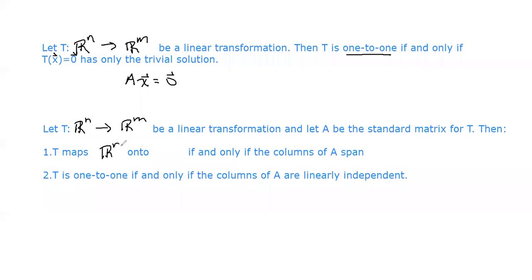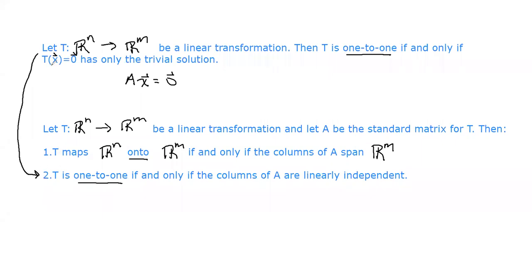It takes our domain and it maps it onto our codomain if and only if the columns of A span Rm. And then T is going to be one-to-one if and only if the columns of A are linearly independent. The second one is very easy to see directly from what we just said, right?